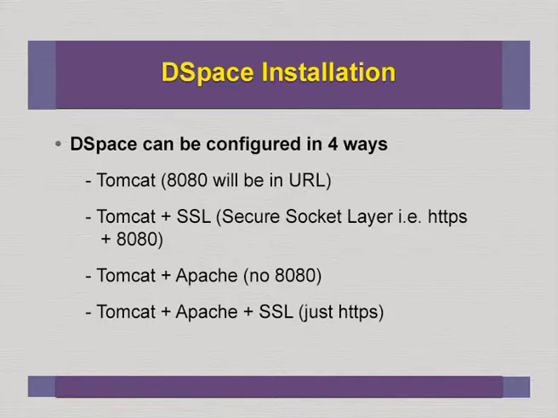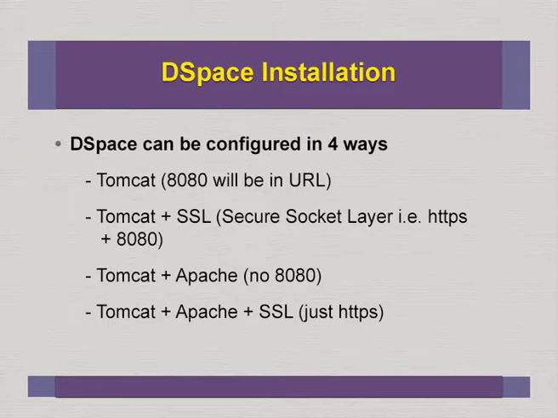But again, the best way is integrating Tomcat with Apache, so that you do not have to use 8080 and people access through your Apache web server. It is Apache which in turn interacts with the Tomcat installation of your DSpace.